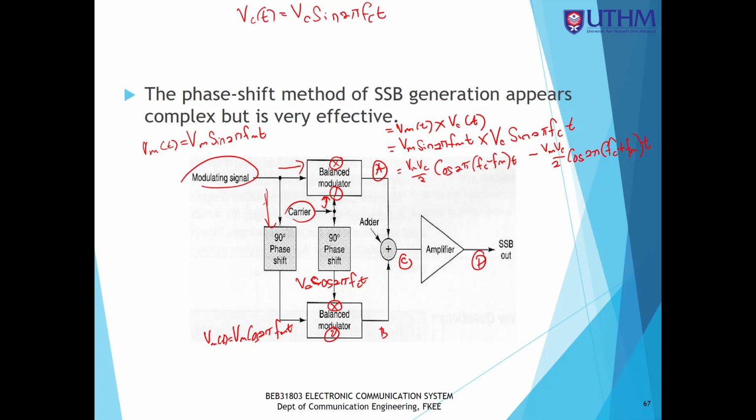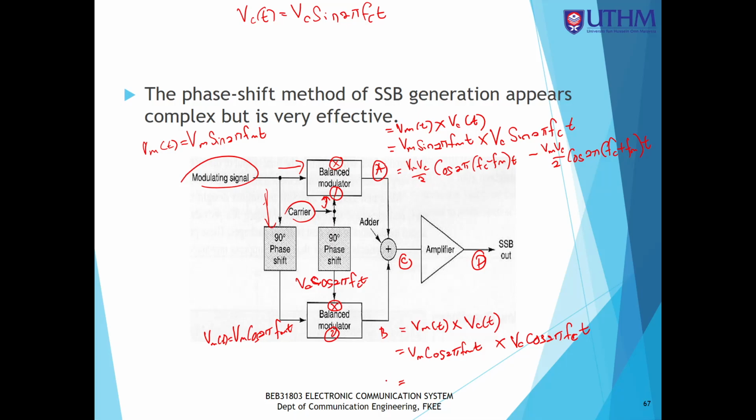Okay, and then what? At point B, what happened at point B? So at point B, it is again the same process, VMT multiplied with VCT. So this becomes Vm cos 2 pi FMT multiplied with Vc cos 2 pi FCT. So cos and cos, according to trigonometry identity, it will produce cos plus cos.